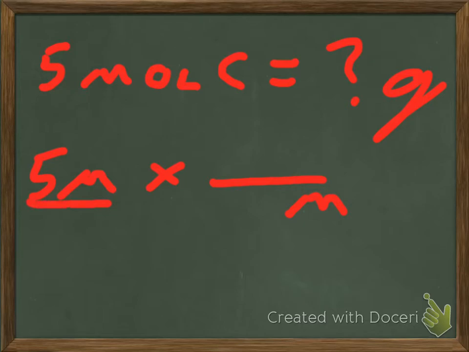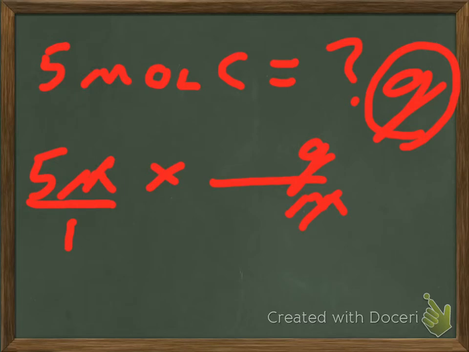Because the 5 moles is in the numerator, so it's basically over 1. So my units of moles will cancel out. That takes care of moles. What units do I want to be in? Well, I want to be in grams, so I'm going to put grams up top in the fraction. So now I've got my units taken care of.